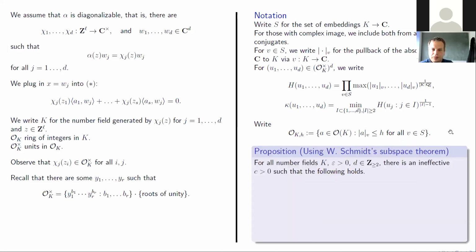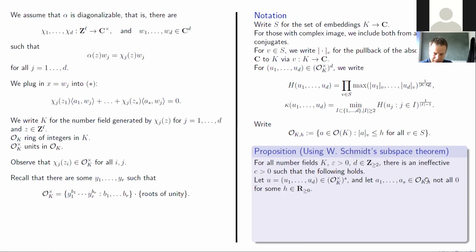Okay, so here is the final proposition. Let K be my number field. Then I need to fix some positive epsilon, and the number d at least 2. Then I have an ineffective constant such that the following holds. I take a vector consisting of units, and I take some elements a1 up to as in this box.